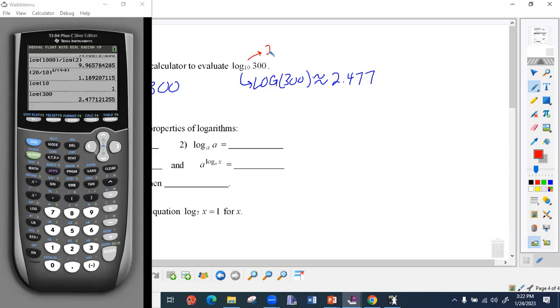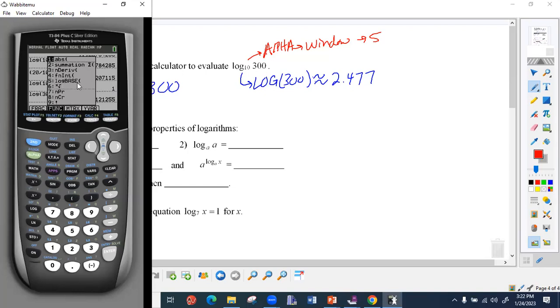You're going to press alpha, window, and then you see where it says log base.